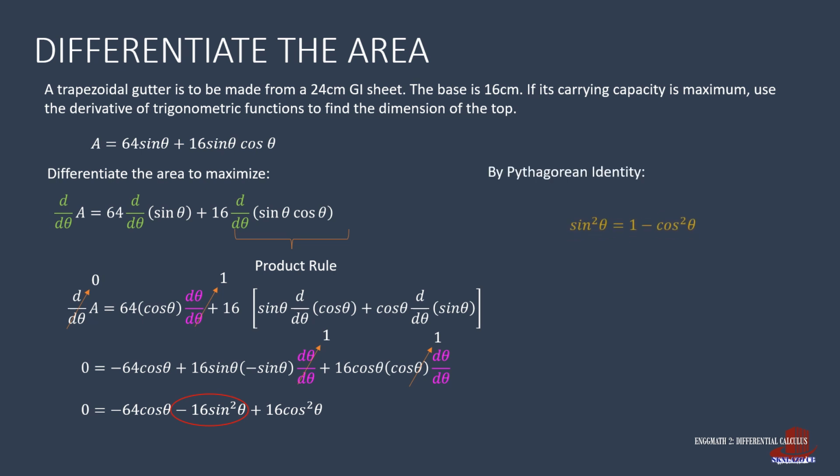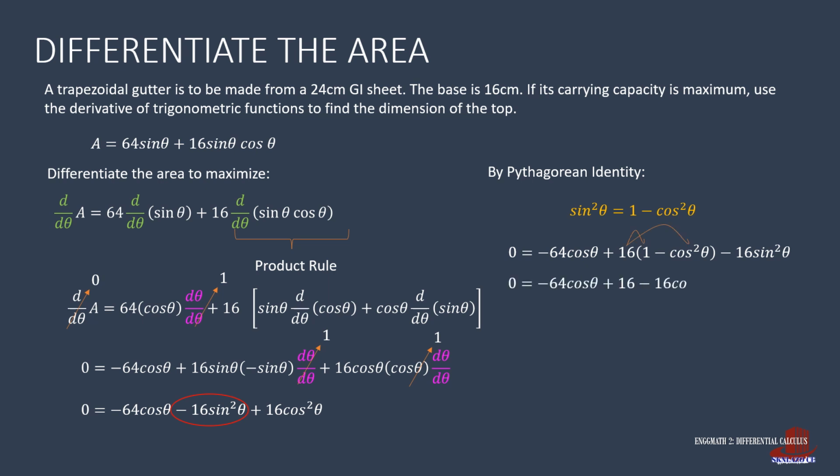Still using Pythagorean identity, sine squared of theta is equal to 1 less cosine squared of theta. Plug this into the function, then distribute 16 among the terms of the binomial to have 0 as equal to negative 64 cosine theta plus 16 minus 16 cosine squared of theta minus 16 cosine squared of theta.